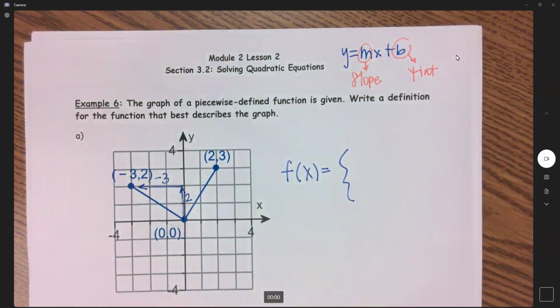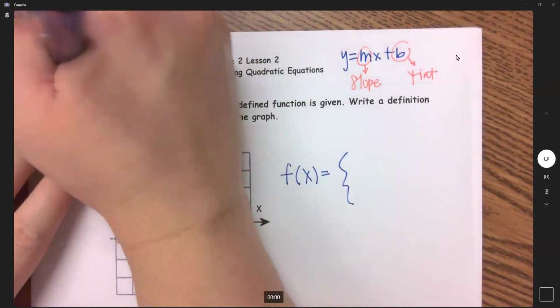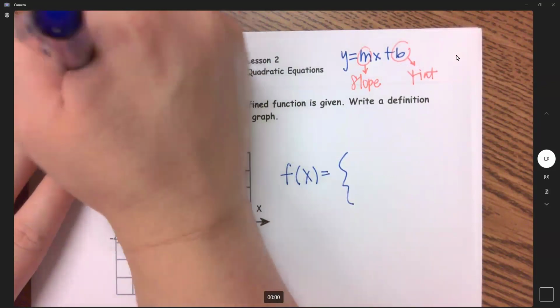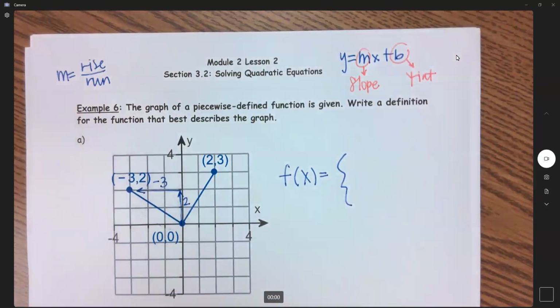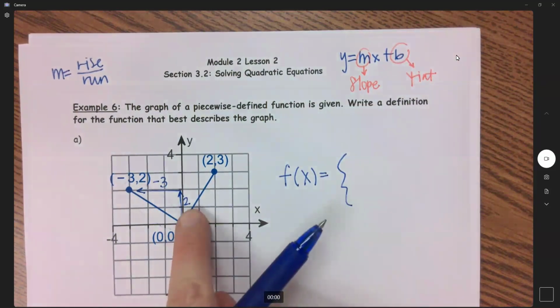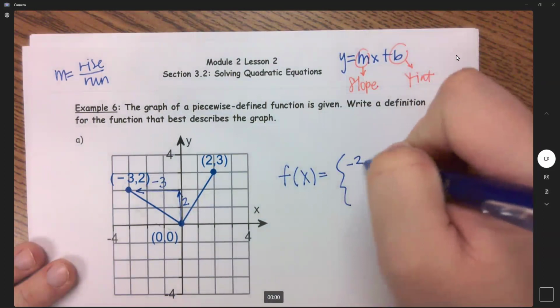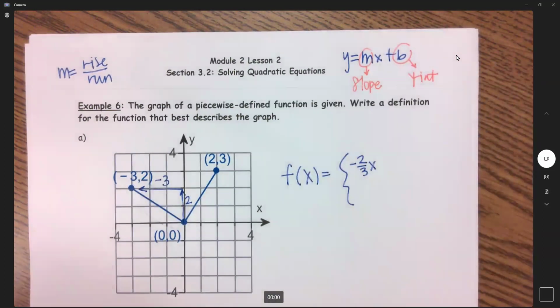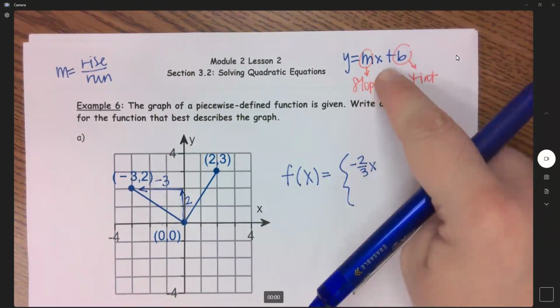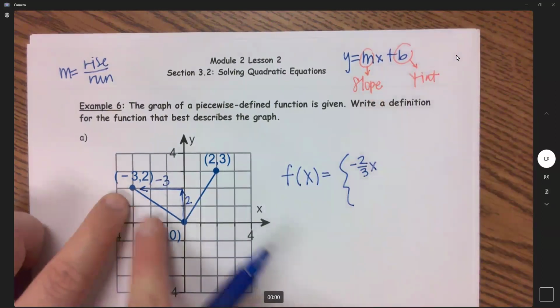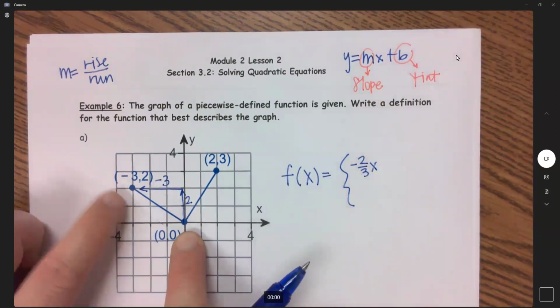So my slope is rise over run. My rise is 2, my run is a negative 3. So we have negative 2/3 x, that's my mx, and then where is my b at? It's crossing right here at 0.